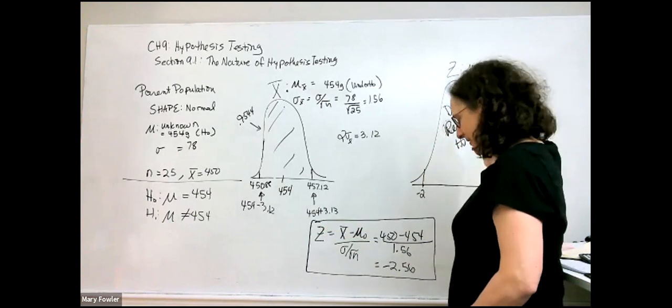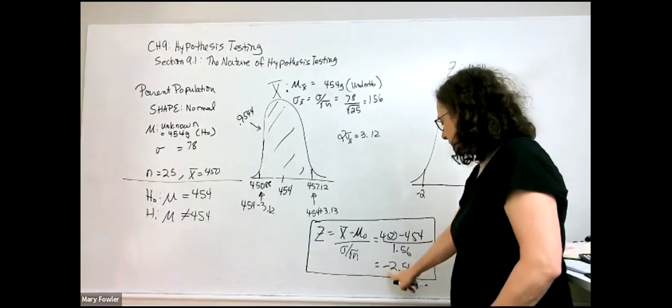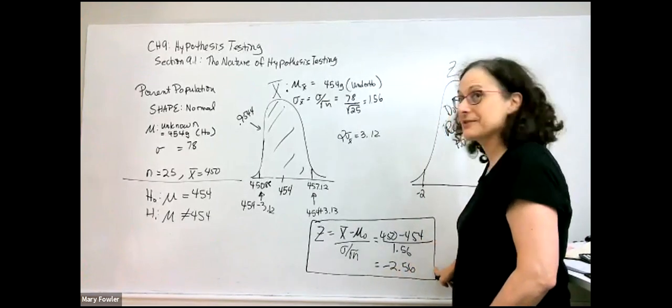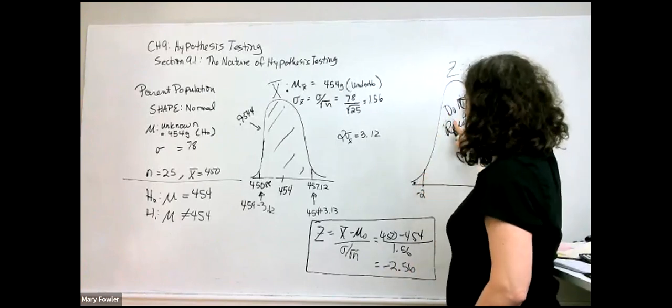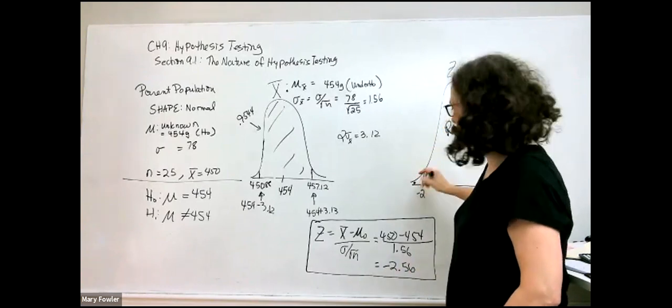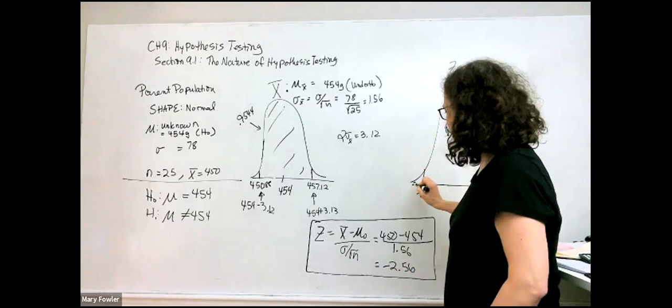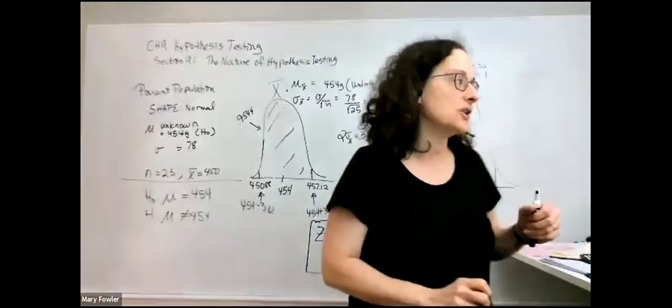So we calculated this, and we see that z is equal to -2.56, and so it's outside the region of non-rejection. So here we're going to have to reject the null hypothesis because that's where our z-score fell. It's outside the 2 standard deviation interval.